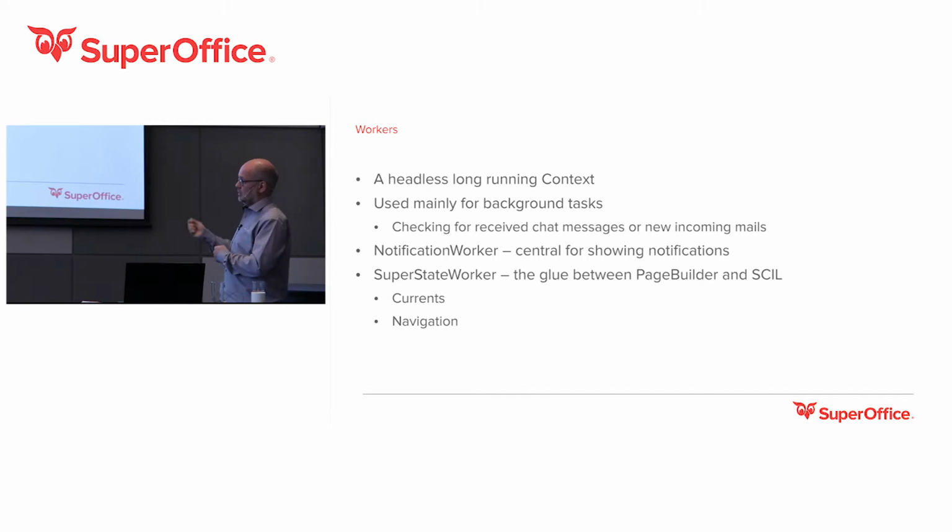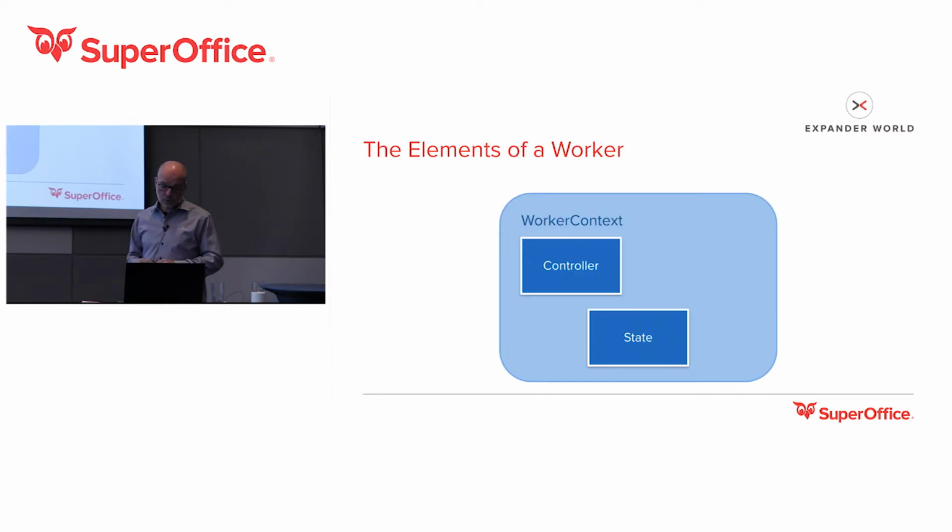So that's why these two systems are able to work together so well. So this is kind of the glue between page builder and SCIL. So a worker context is very similar. It's basically the same as a UI context, except it doesn't have a view.